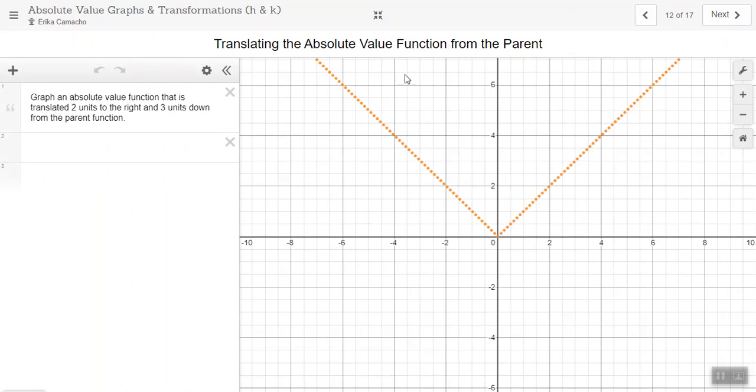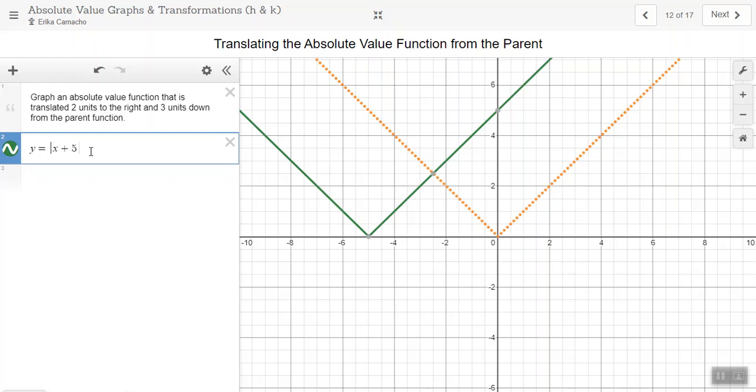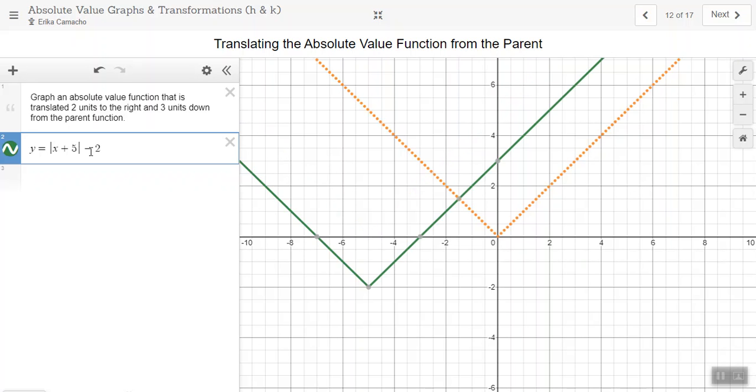This one here, it gives you the parent function. It's asking you to graph a function that translates 2 units to the right and 3 units down. So you're going to redo, I'm just going to make something up. So I'm going to say x plus 5, this isn't the answer, just letting you know, minus 2.